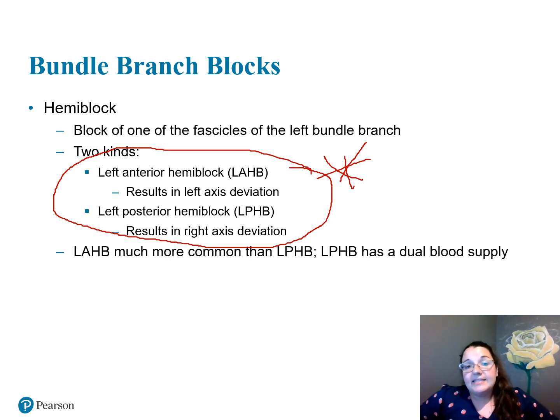Your left anterior hemiblock is more common. Why? Where is it at? On the left side. Whereas my left posterior hemiblock, what side am I on? My right side. So always, who is always going to be the most common? Who's going to have that thickest wall? My left side, my left ventricle.